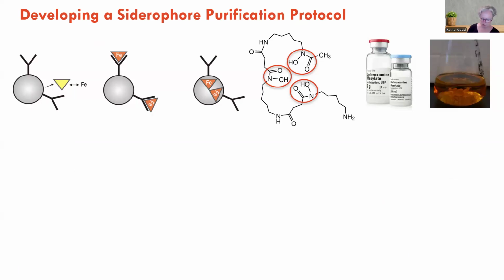Just to refresh, we're going to develop a siderophore purification protocol. The need for this arises from the fact that siderophores have quite complex structures and they are difficult to make in the laboratory using standard organic synthetic chemistry. For some siderophores this has been achieved, but these syntheses are usually multi-step and generally quite low yielding.